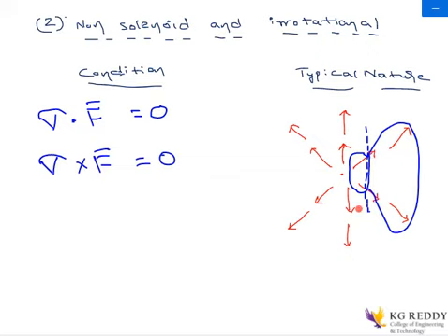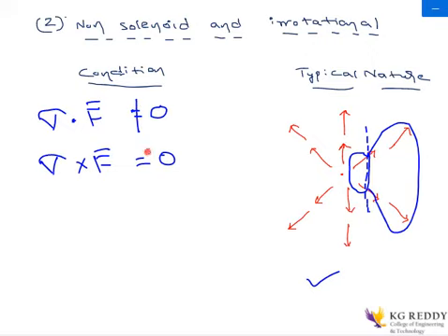Then we can say that the divergence is present in this case, because it can produce either a sink or a source. As the divergence is existing, because at one place the field is less and at the other place the field is more, del dot f bar is not equal to 0.